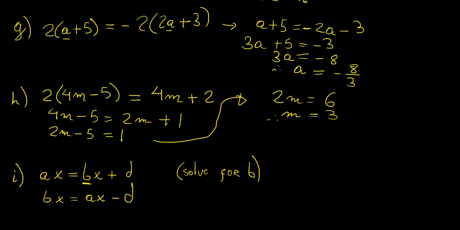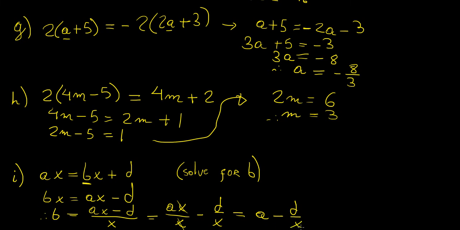And now we can divide both sides of this equation by x. So this would be ax minus d, divided by x. And we can expand this into two fractions. So this becomes ax divided by x minus d divided by x. And we notice from this one, the x is going to cancel out. So we're left with a minus d over x. And that's going to be our final answer.